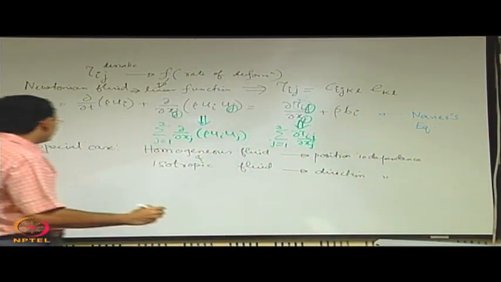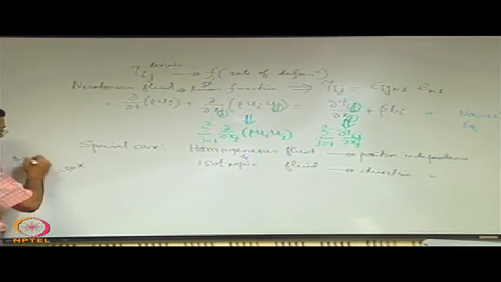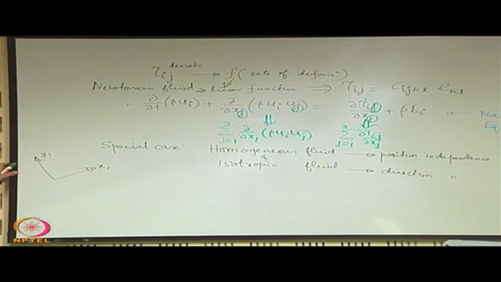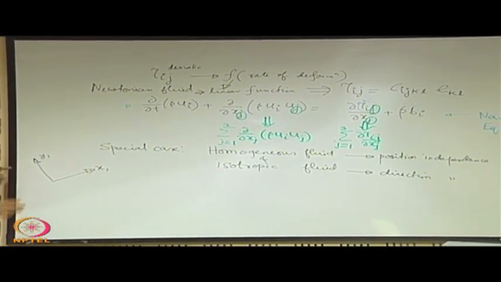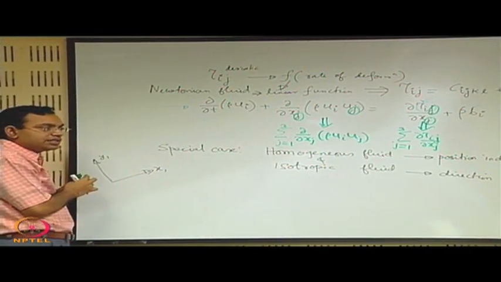What is the hallmark of that? Say you have coordinate directions, say x1 and y1, and you try to assess a constitutive behavior on the basis of that.